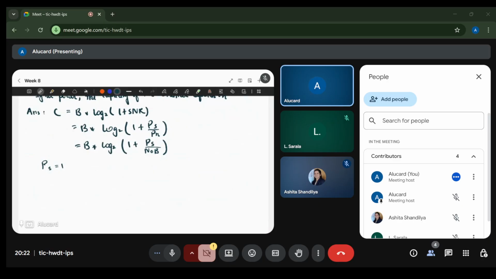Bandwidth. And what does the bandwidth depend on? For a Nyquist pulse shape signal.